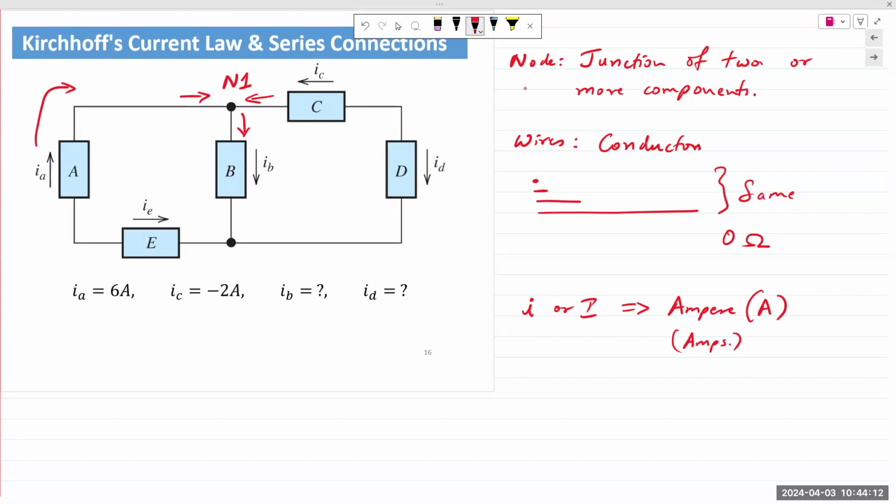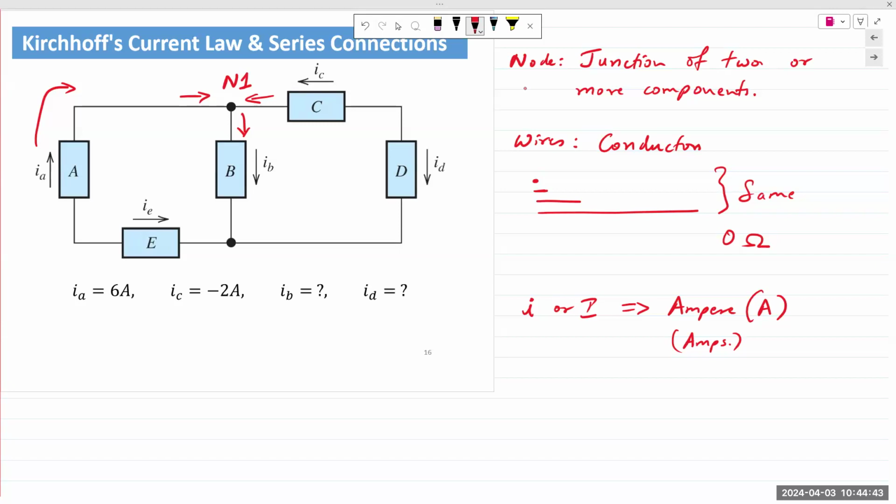If this was a vehicular traffic diagram, what could we say about IA, IC, and IB? Let's say there was a traffic light at that junction N1. You would say, first of all, they are all one-way streets. And that is true. Electrical current would be a one-way street. You would not physically have currents moving in two directions in the exact same branch of a circuit. They're always one-way streets.